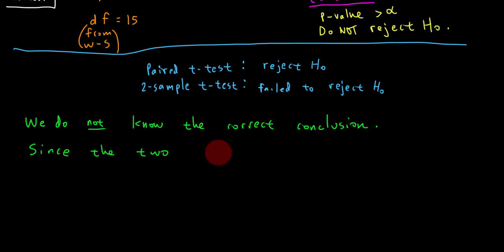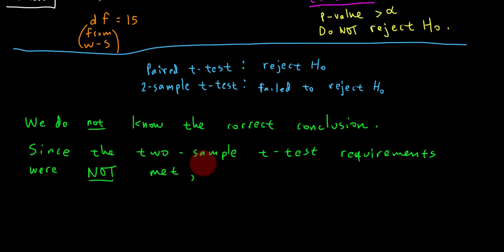Since the two-sample t-test was not supposed to be used here, because we had paired data, we violated the two-sample t-test requirement. Its conditions for use were not met. If I had to place a bet, I would not place it on the conclusion from the two-sample t-test.